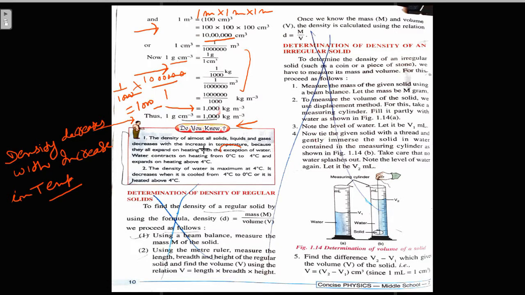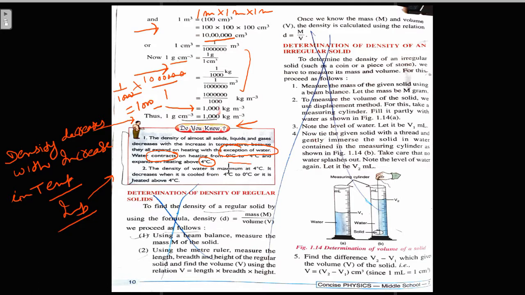But there is one exception, water. Water contracts on heating from 0 degree Celsius to 4 degree Celsius and expands on heating above 4 degree Celsius. Keep in mind, very important. All solids, liquids and gases expand on heating, but only water contracts on heating from 0 to 4 degrees Celsius.